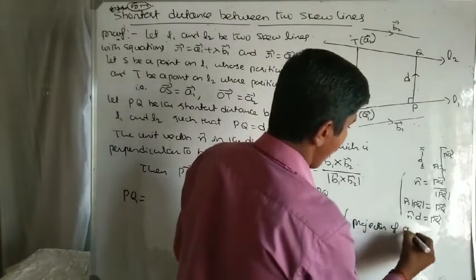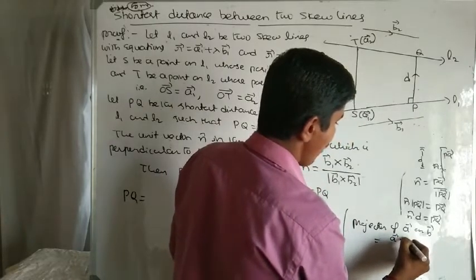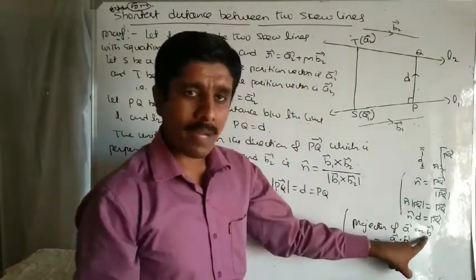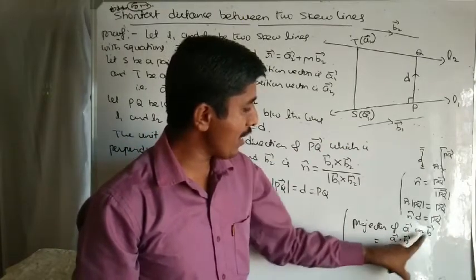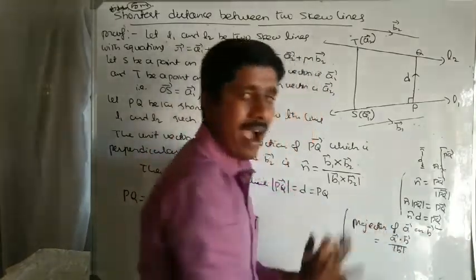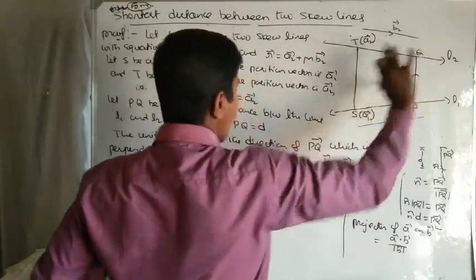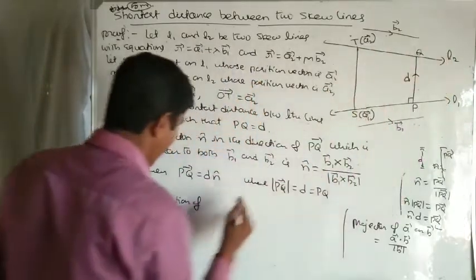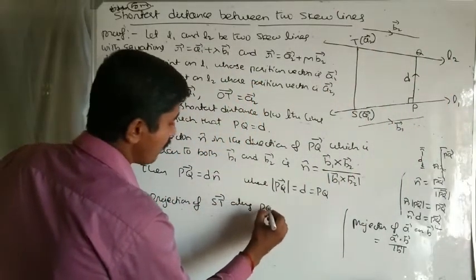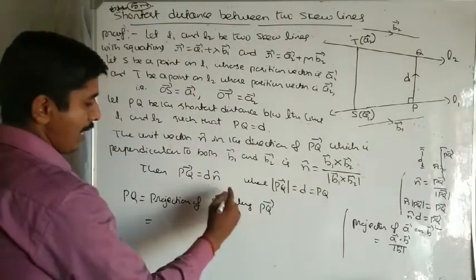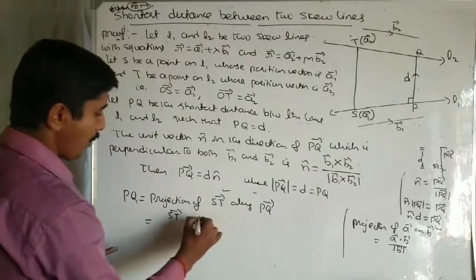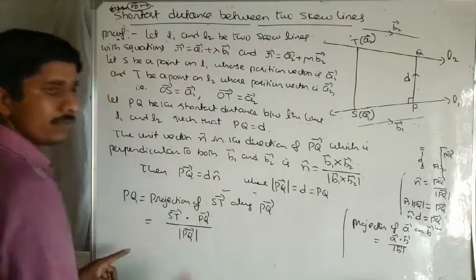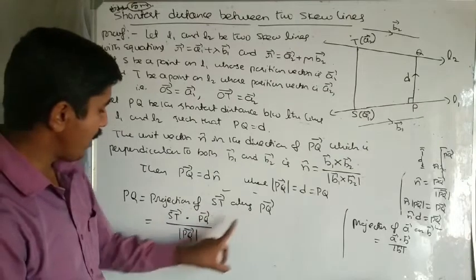The projection of vector A on vector B is given by the formula A dot B divided by the magnitude of the second vector, magnitude of vector B. Here, PQ equals the projection of vector ST along vector PQ, which is vector ST dot vector PQ divided by the magnitude of vector PQ.